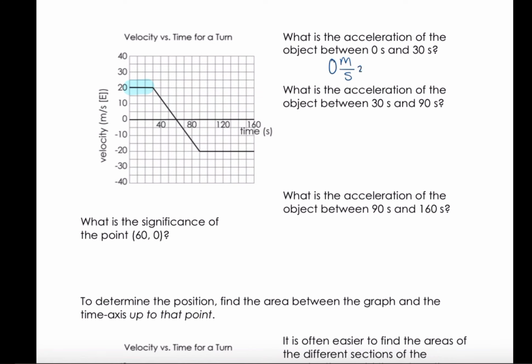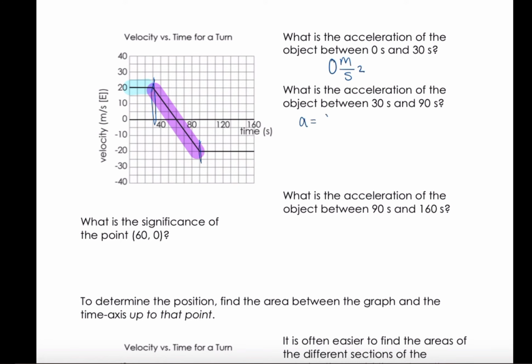So 0 meters per second squared is the acceleration because we have constant velocity. Okay, between 30 seconds and 90 seconds, which is here, so this portion, we have to do some math for this, okay?